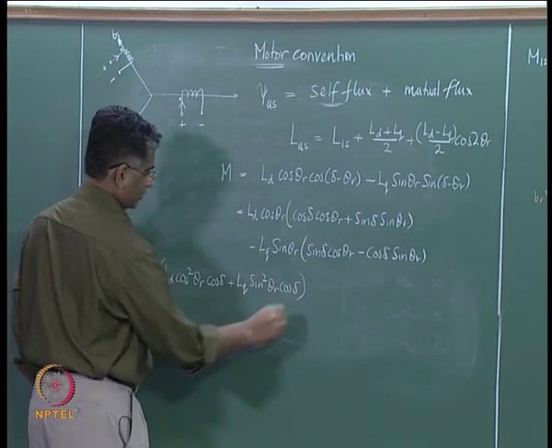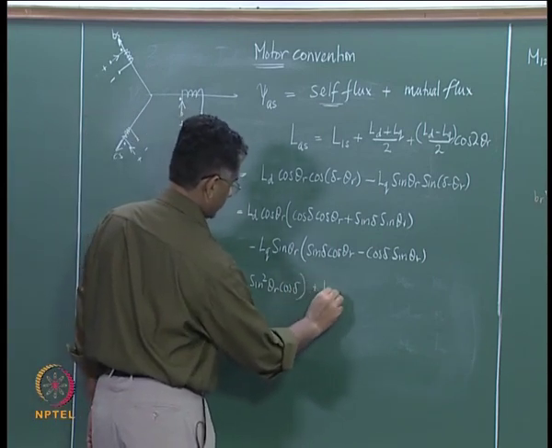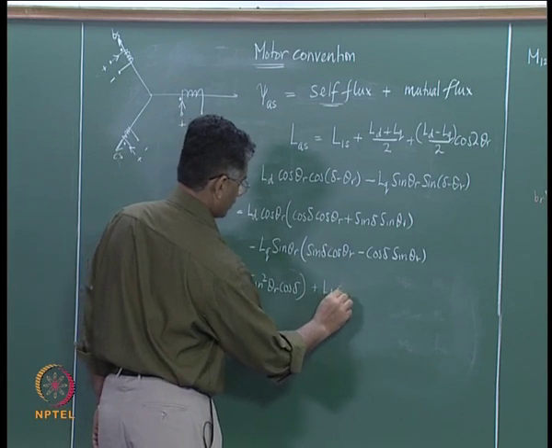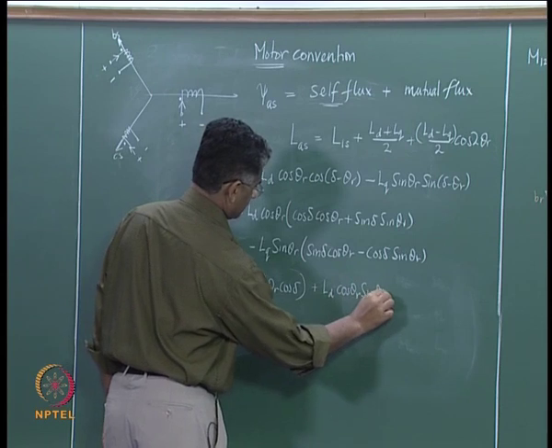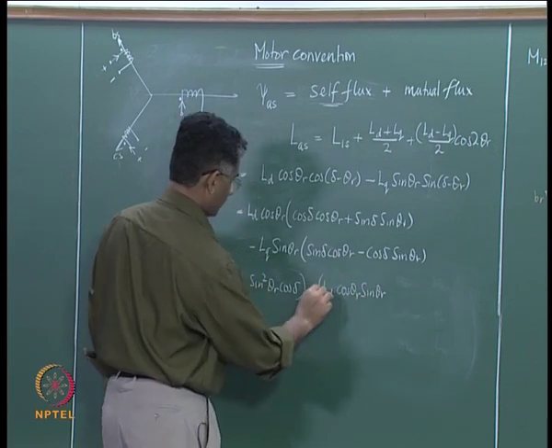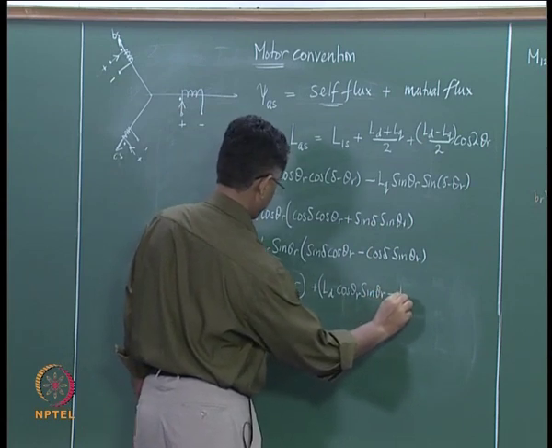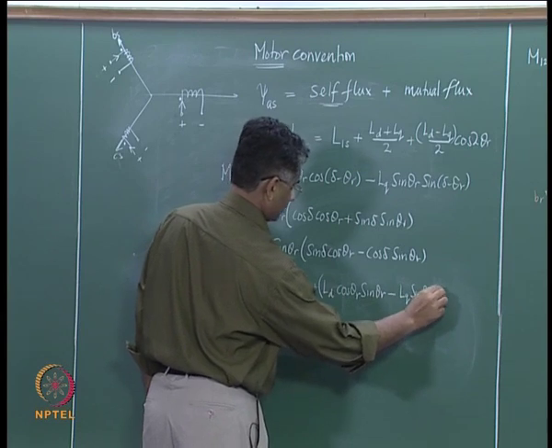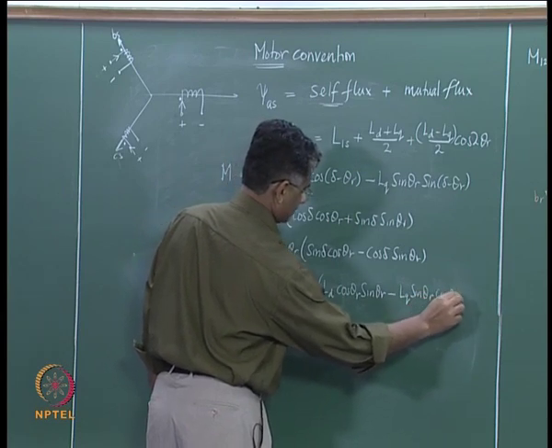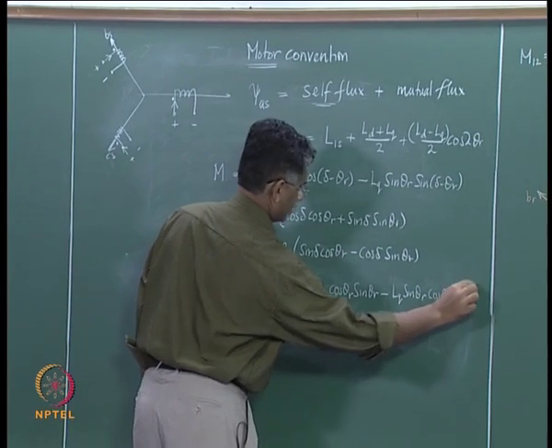So, this is one part, and then you have plus LD cos theta r sin theta r sin delta, we can take this out, and then you have minus LQ sin theta r cos theta r multiplied by sin delta.